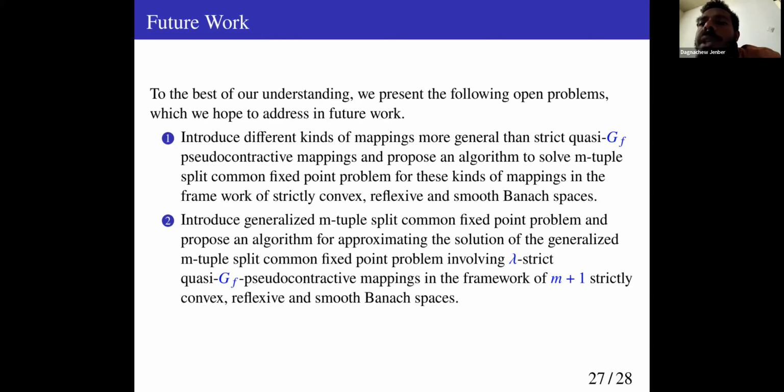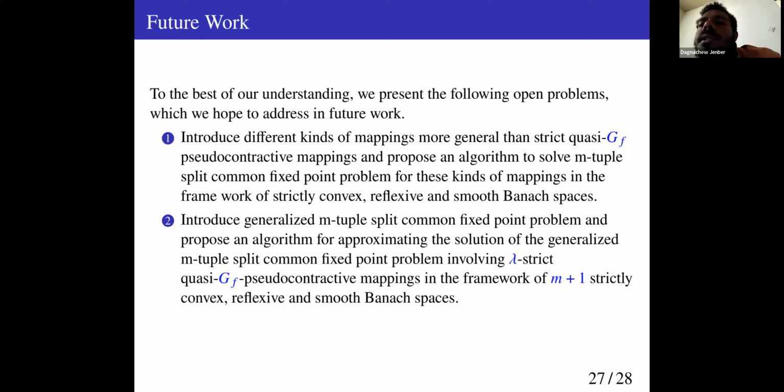So we hope we can generalize this mapping, and of course we want to propose an algorithm to solve the m-tuple split common fixed point problem for these kinds of mappings in the framework of strictly convex, reflexive, and smooth Banach spaces, because the above work depends only on uniformly convex and smooth Banach spaces.